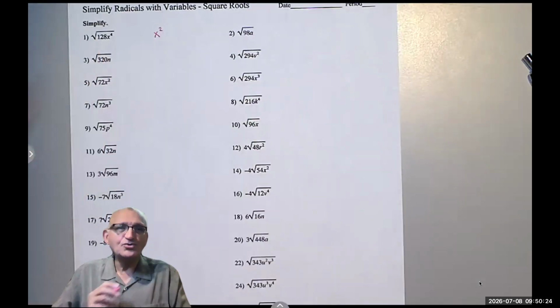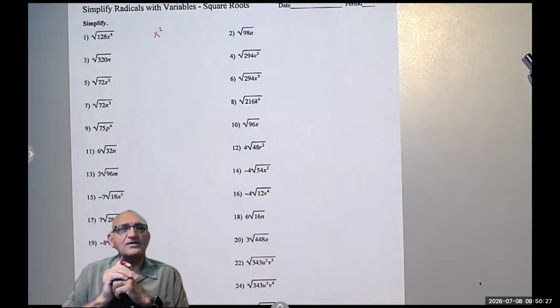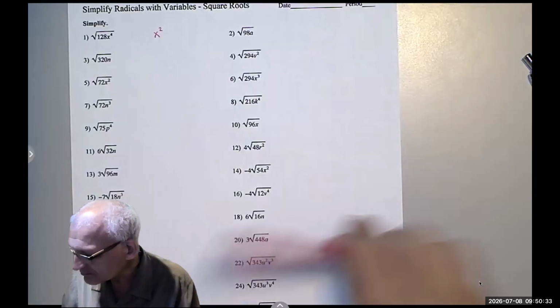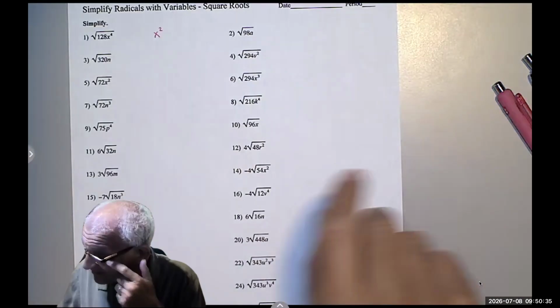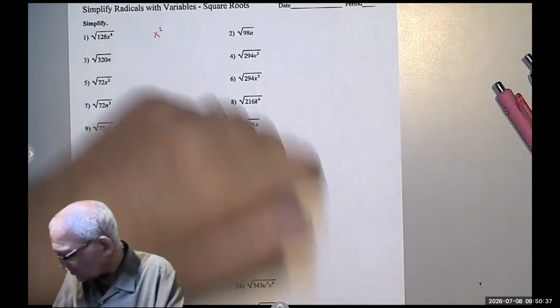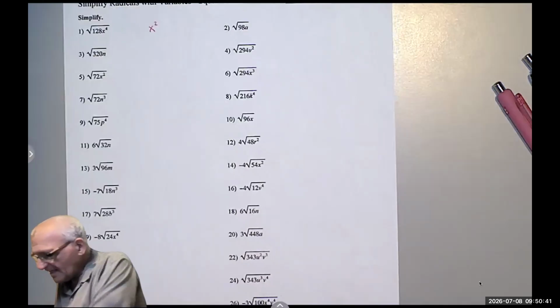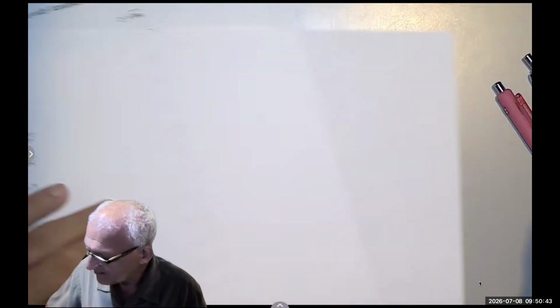But what do I do with the radical, with the number 128, which is not a square? First of all, let's do it the long way. I'm going to take the 128 and find its factors.